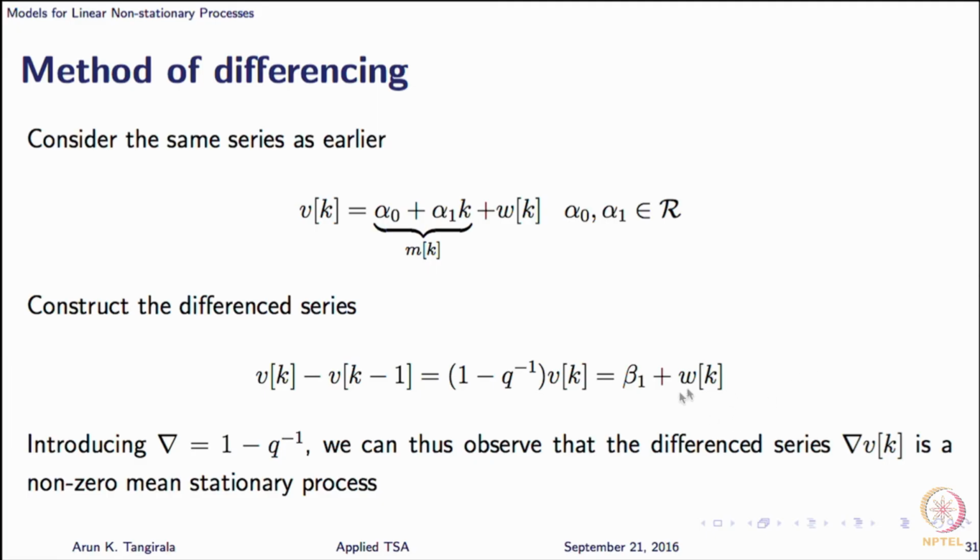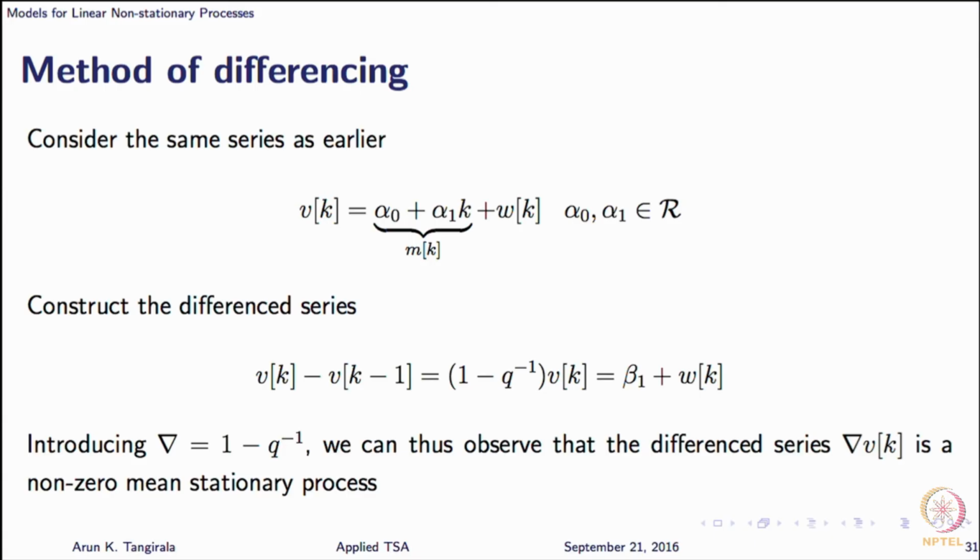Again here I have beta 1, actually that should be nothing but, what will be beta 1 in terms of alphas? It is alpha 1. So, it should be alpha 1, but I have just kept it generic to show you that the differenced series has a non-zero mean when the given series has a linear trend.